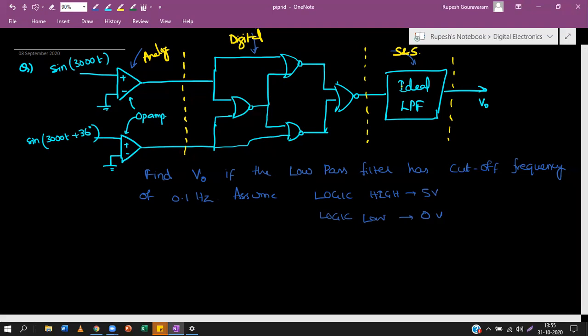Now the first part. So here op amp is given. Op amp means operational amplifier. This operational amplifier, when two different signals are applied across it, it will act as a comparator. Okay, comparator. So let us take this circuit.